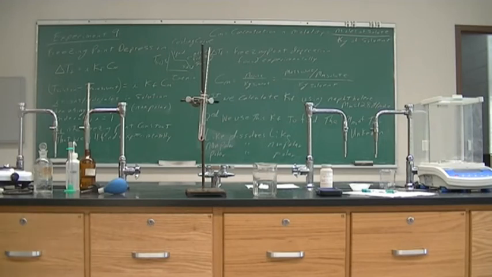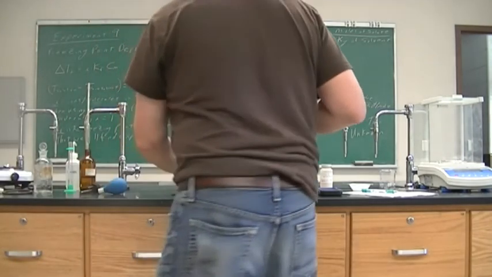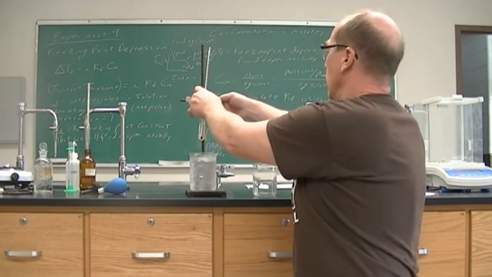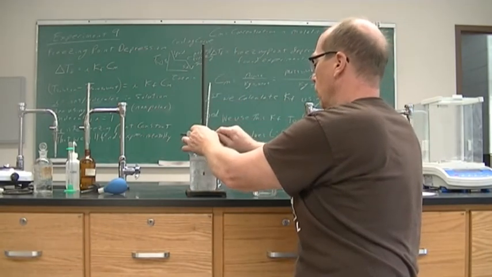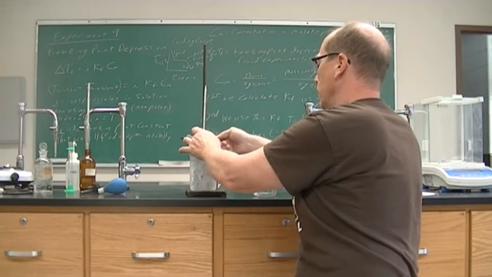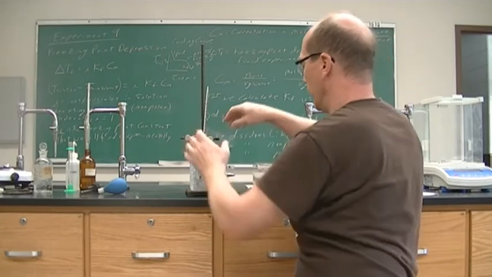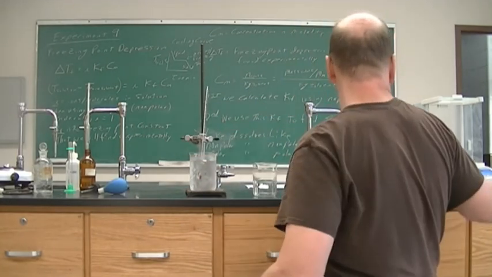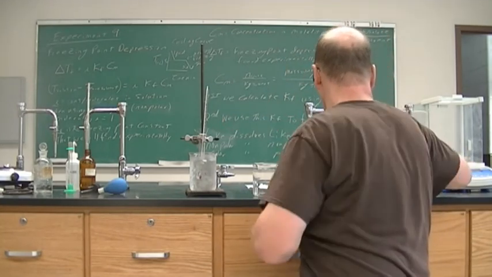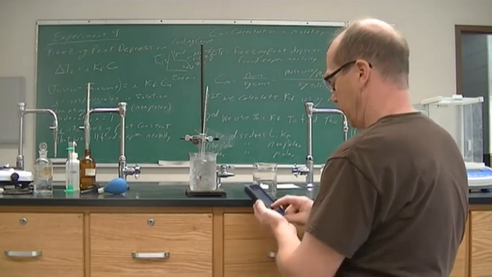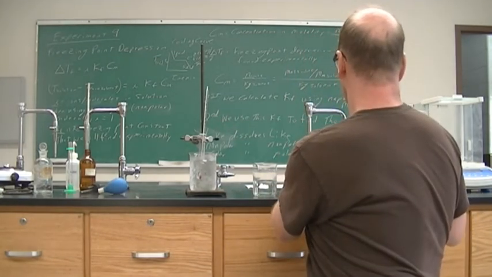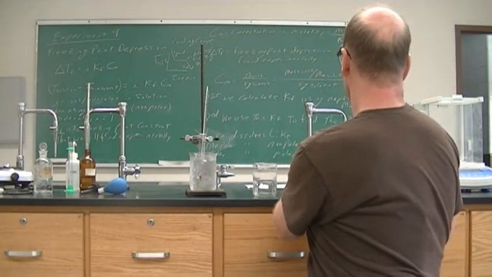Okay, so now we're ready to freeze the unknown. So what we do know is it's going to have a freezing point depression from the pure cyclohexane. So we know that it is going to be less than the 4.5, and that's all that we can say about that. So turning my timer back on.